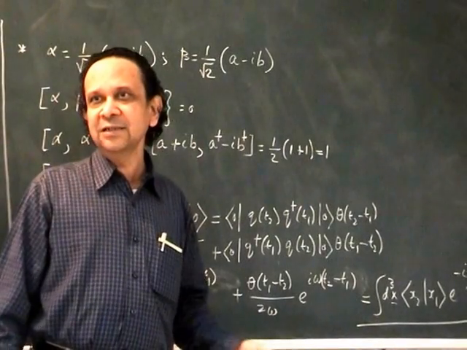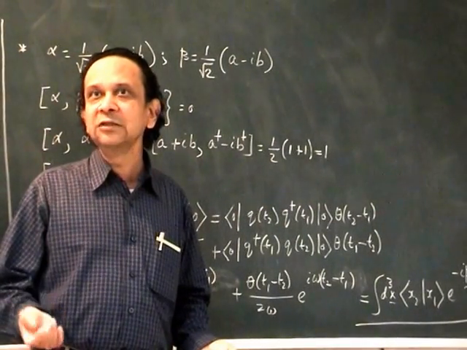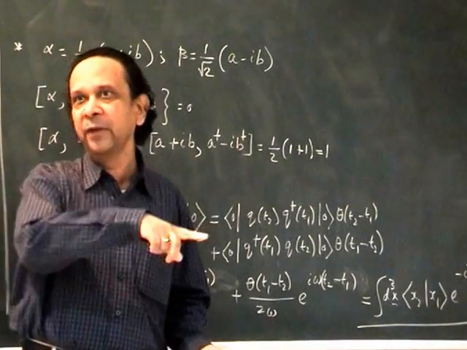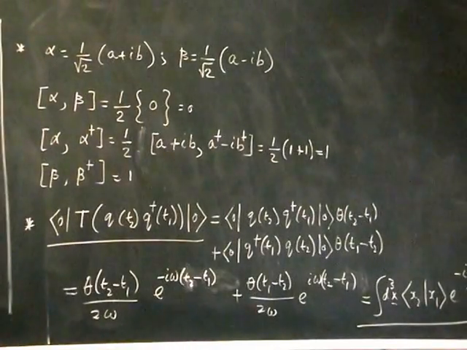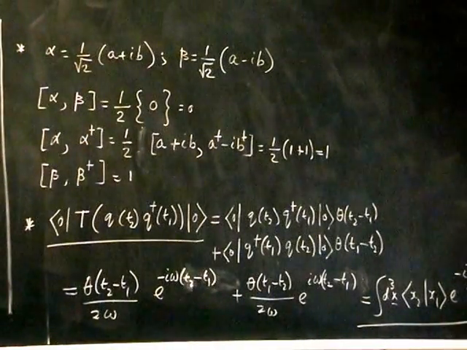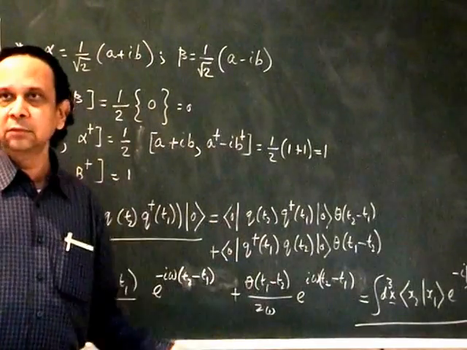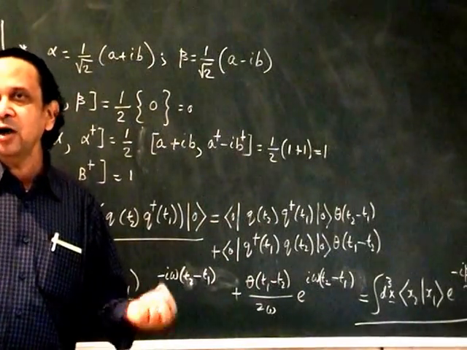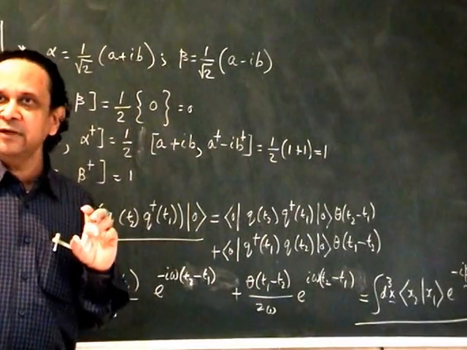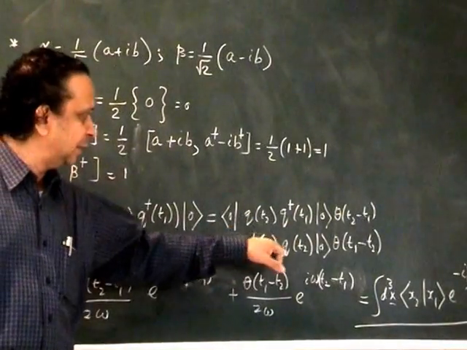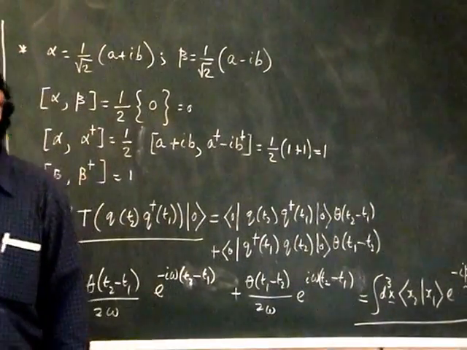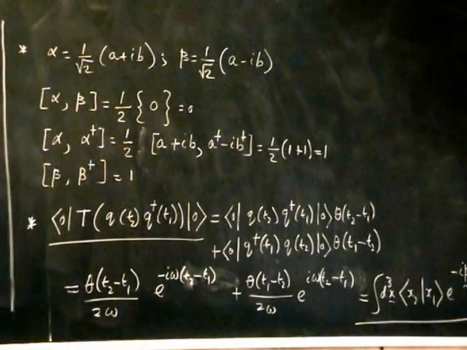The theta functions are essentially time ordering, because they tell you that if something is going forward, you pick 1, and if it is going backward, you pick 2. So I need not have introduced time ordering. I could have just written this down. Time ordering is just a fancy, condensed, but very useful notation for writing it in an expanded form. So that by itself is not an issue.